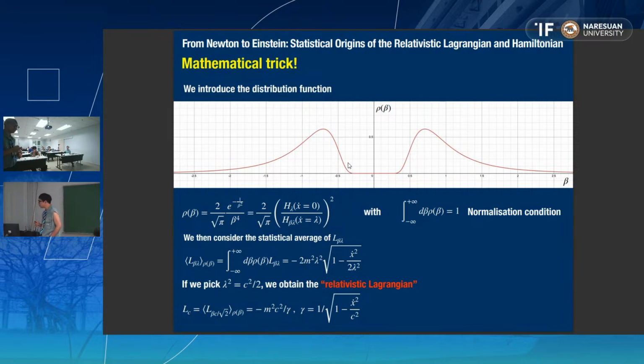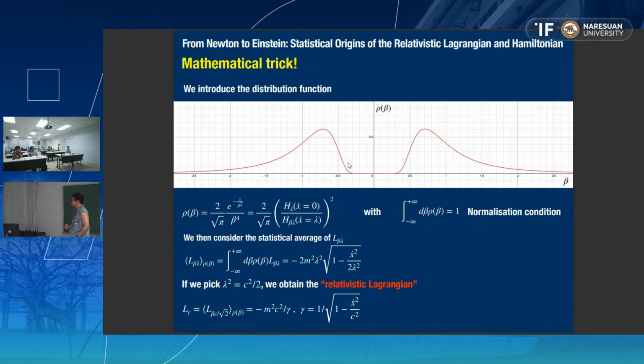So we get a relativistic version of the Lagrangian from the Newtonian one, I would say. But the Newtonian one is not the standard one; you need more than the standard one to go through the process like I explained here.